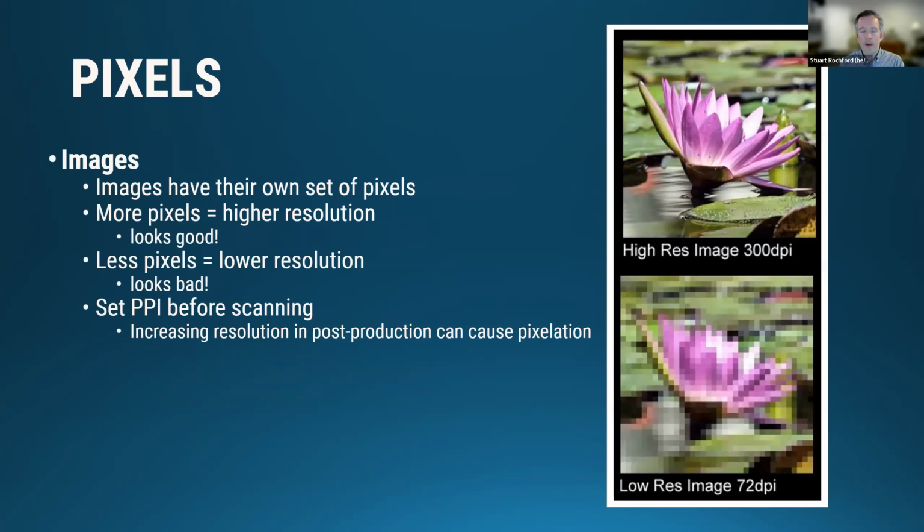We want to aim for high res when possible, when we are trying to display the original objects as best as possible. Low res, you can see it's clearly pixelated, and that's fine for a lot of stuff if we need to keep the file size down, and if you just need to share a reference copy with anyone, low res is fine. But when we are sharing these in an institutional repository or a digital library, we want to try and get as high resolution as possible.